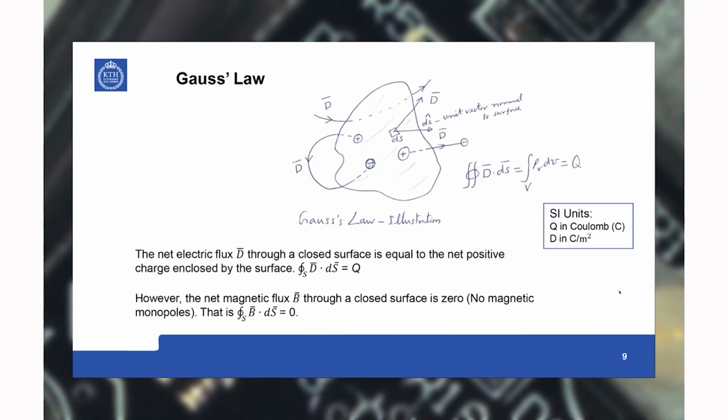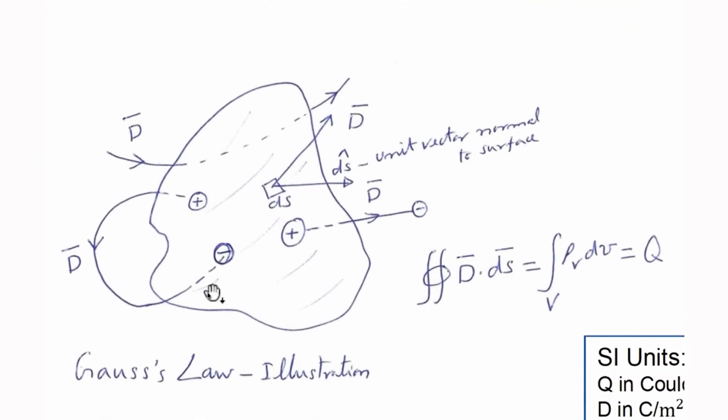Now look at Gauss' law. Imagine a closed path. It can be your plastic bag or balloon where the end is tied up, so you don't have any open end. It can be of any shape.